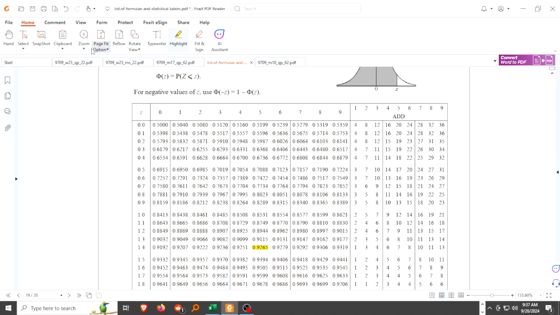That's 0.9625, which one is close? Here it is. We get it exactly. So 0.9625 corresponds to a z value of 1.78. So we take 1.78 as our reading.